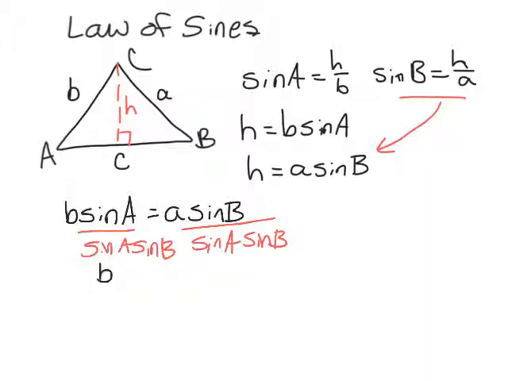Here's just a part of it: b over the sine of B is equal to side a over the sine of angle A.